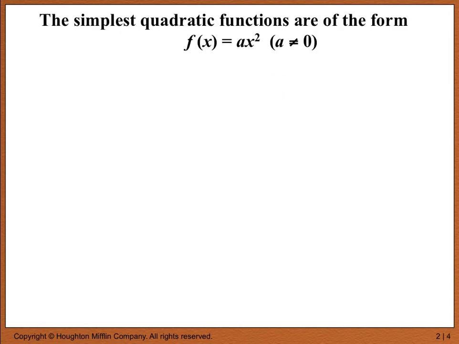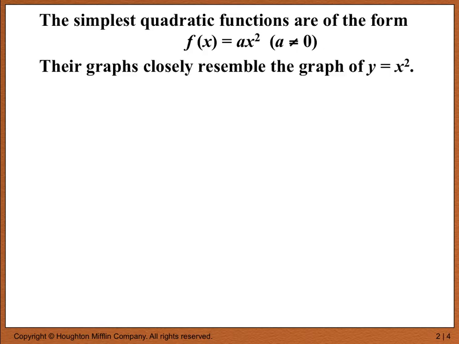The simplest quadratic functions are of the form f of x equals ax squared, a not equal to 0. All right, we're going to look at these graphs here in a bit. Their graphs closely resemble the graph of y equals x squared. So remember that y equals x squared is the parent quadratic function. Remember that from chapter 1.